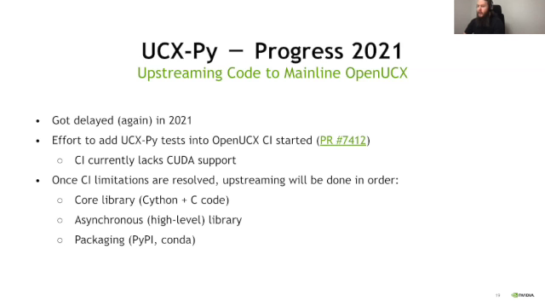Once testing is supported and integrated, we'll be able to upstream UCX-Py source code. Earlier this year, we also had a meeting with the OpenUCX team regarding this process, and we are in agreement on how to proceed. As a high-level overview, we'll first upstream the core library that is composed of the Python and C code, followed by the asynchronous or high-level library, and finally, we'll work on the packaging situation.